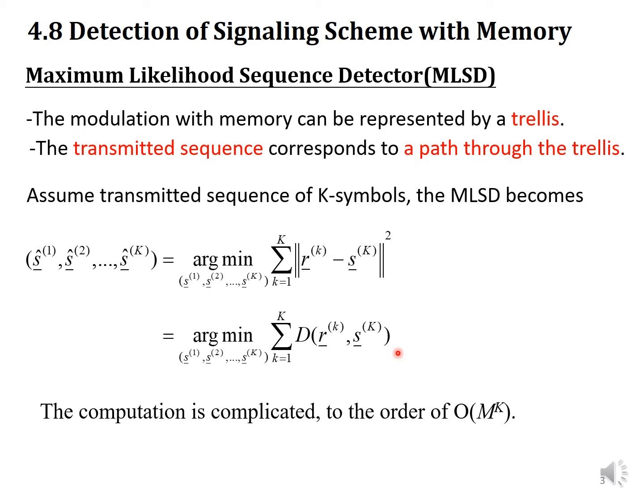As we can see, the computation would be complicated, right? Because in the sequence there are K symbols, and each symbol is an M-ary modulation. So the computation would have to go through the M-ary modulation over a length K sequence, and the complexity would be on the order of M to the K, right?